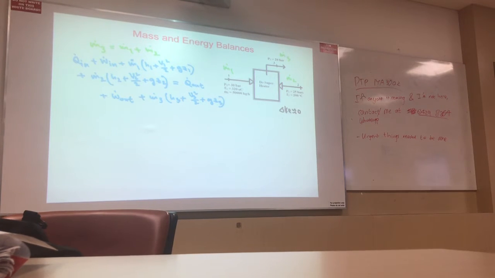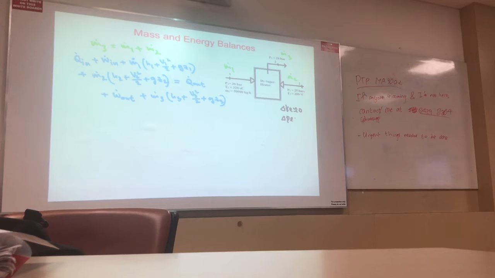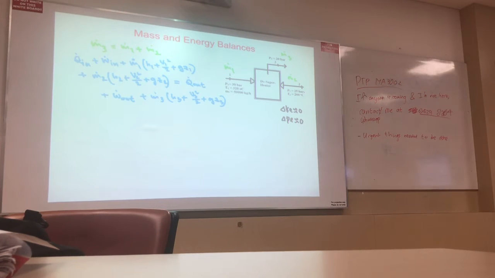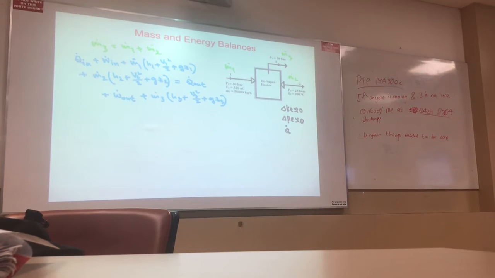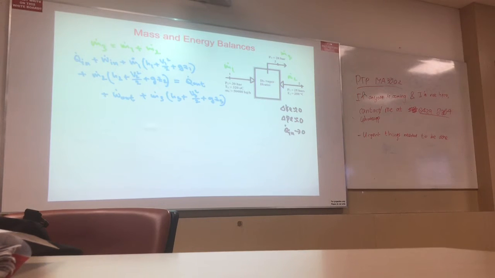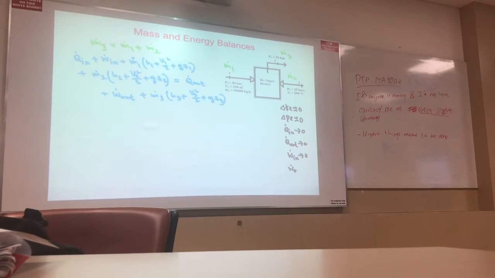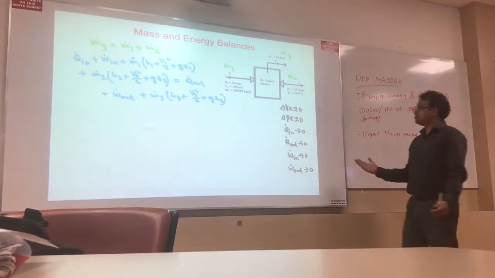It is given there is no change in potential energy, it is 0. And is there any Q input externally? No. There is no heat output. There is no work interaction, because this is a small chamber.